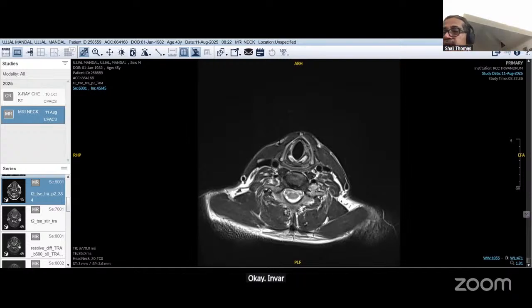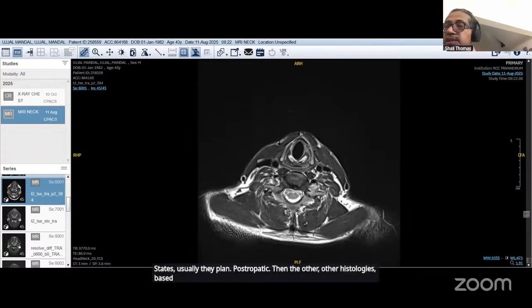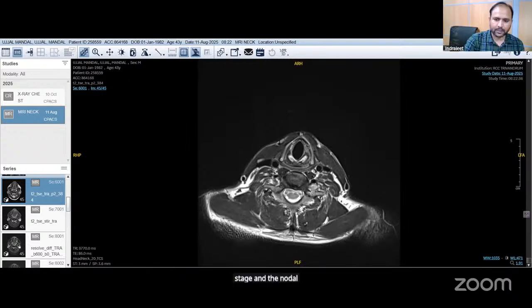Invariably, in adenoid cystic carcinoma, irrespective of the stage, usually they plan post-op RT. Then the other histologies based upon the stage and the nodal status.